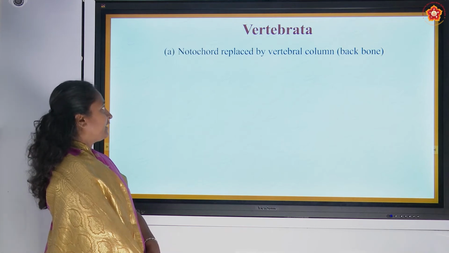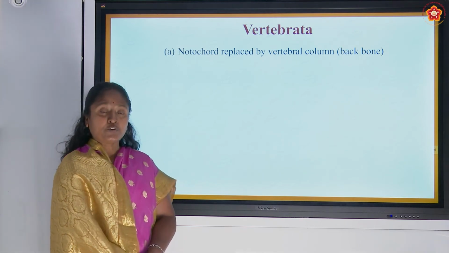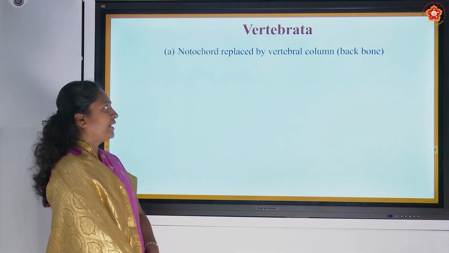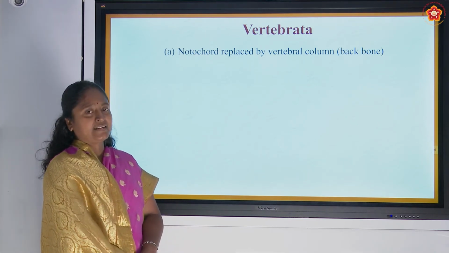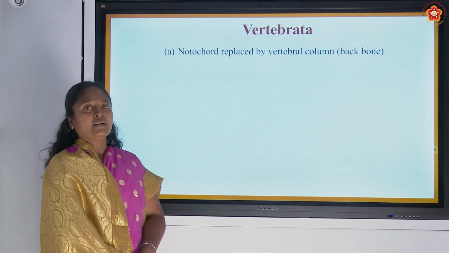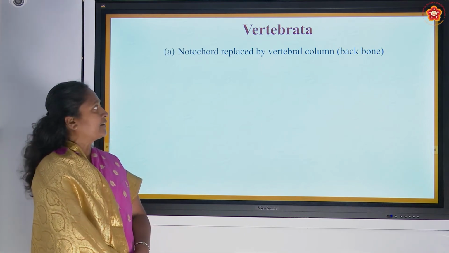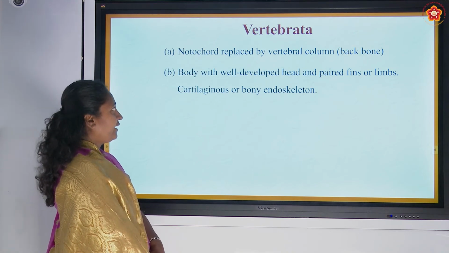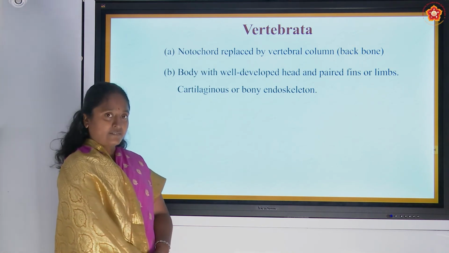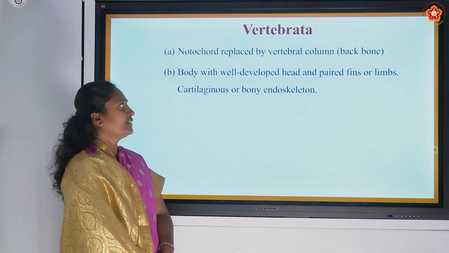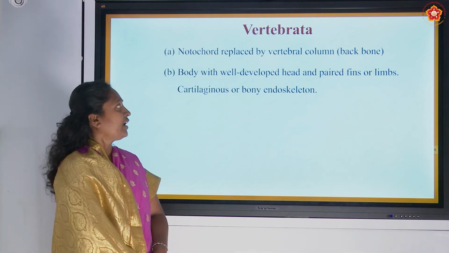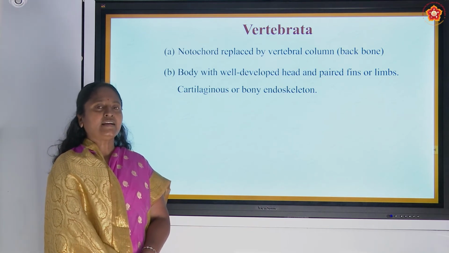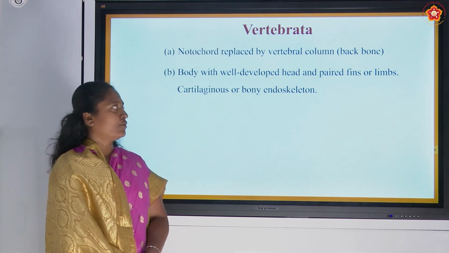Now we will see the vertebrates. In vertebrates the notochord is replaced by the backbone. As we can see in humans also, we have the vertebral column. The body is well developed, and we can see the head, and some of the organisms have a pair of fins for locomotion, or limbs for locomotion.